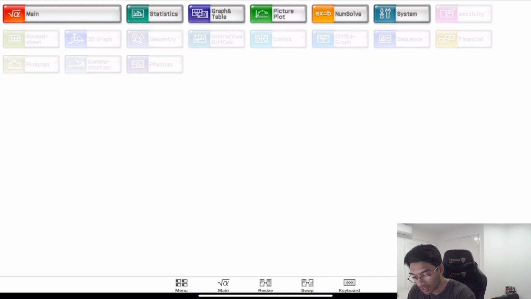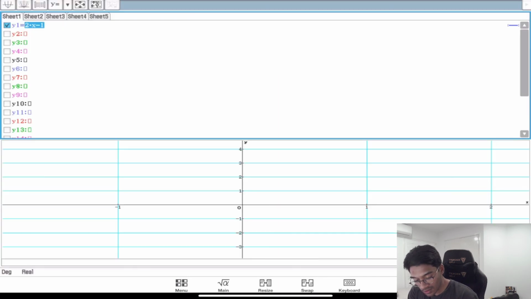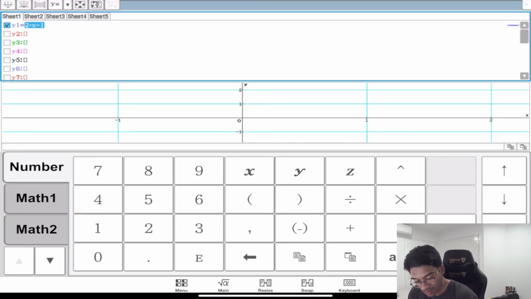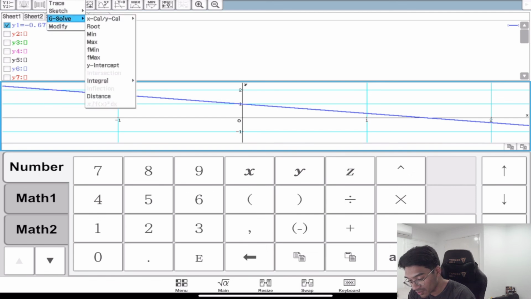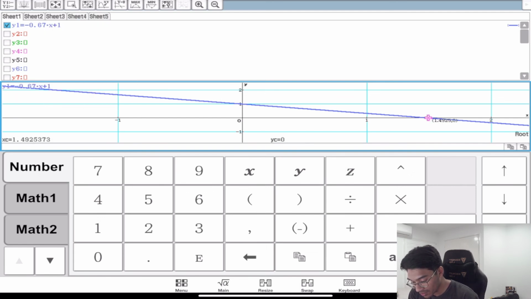Now I can go back to my graph: menu, graphing table, delete this one and put in negative 0.67x plus 1. I've graphed it, and now I want analysis, G-solve, root.